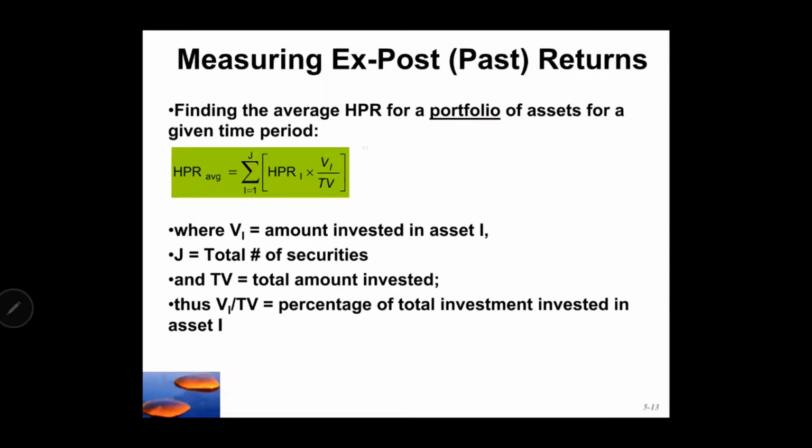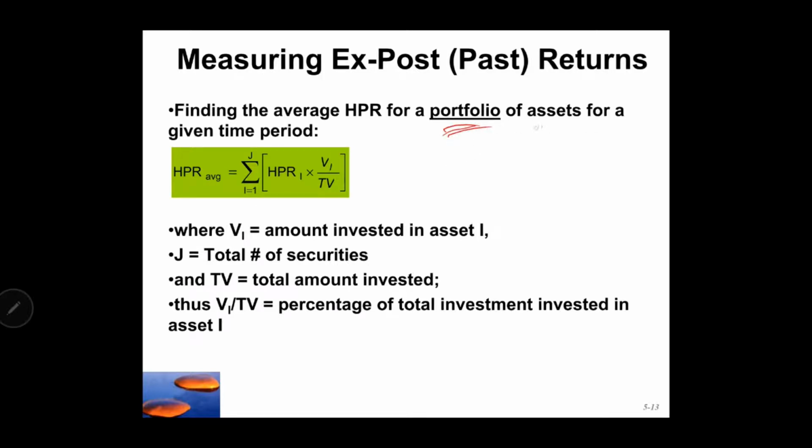Now, finding the average HPR for a portfolio of assets for a given time period. Suppose we talk about investing in different assets. In the previous cases, we were talking about investing in only one asset. Suppose you have a number of securities in your portfolio. What is a portfolio? A portfolio is a group of assets.